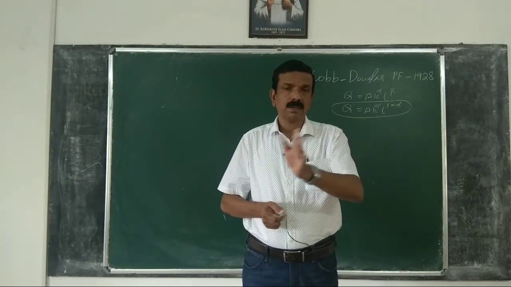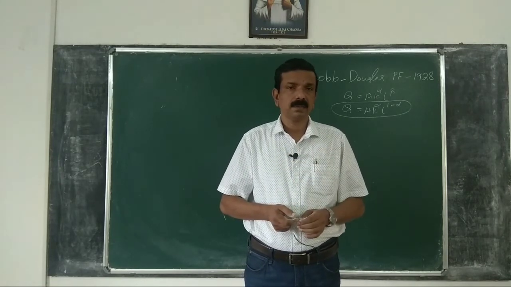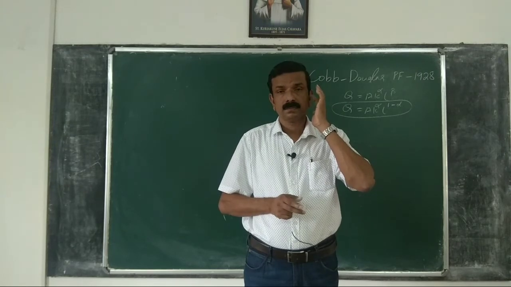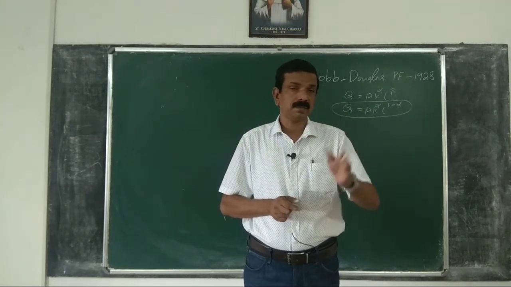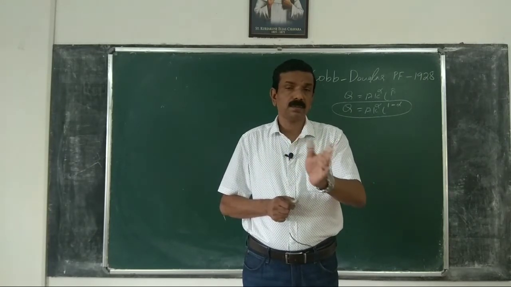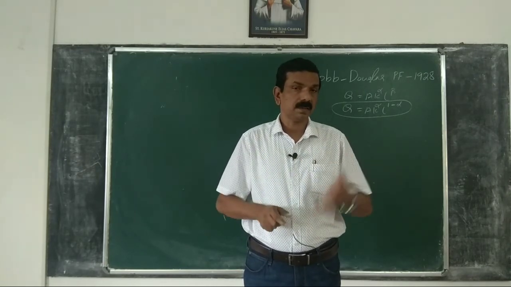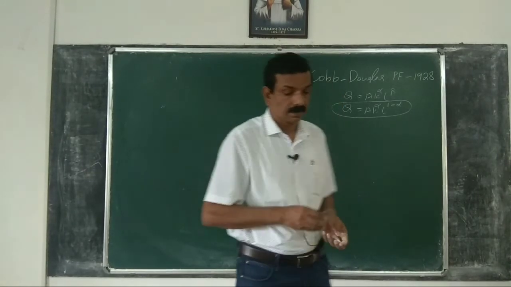Both the average product of capital and average product of labor are functions of K by L alone. This we have considered in a previous class in the form of properties of linearly homogeneous production function, the general case. Now we consider the same in the context of Cobb Douglas.